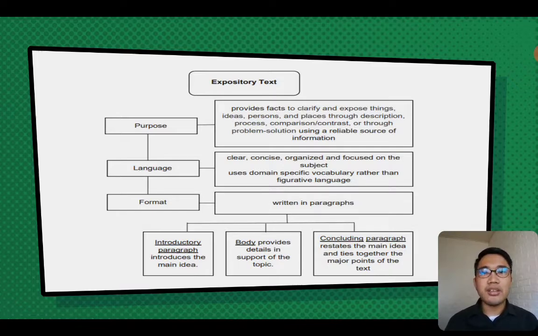There are three main parts of it: the introductory paragraph, the body, and the concluding paragraph. From the word itself, an introductory paragraph introduces the main idea. The body provides details in support of the topic, while the concluding paragraph restates the main idea and ties together the major points of the text. So those are the different parts of an expository text structure.